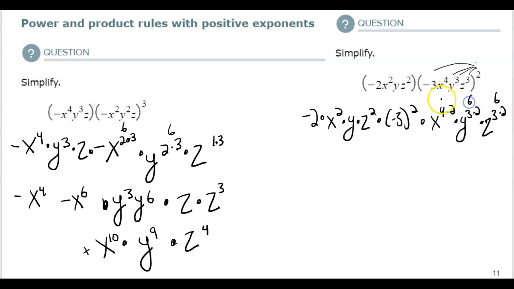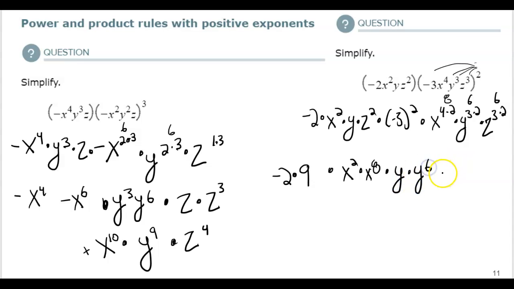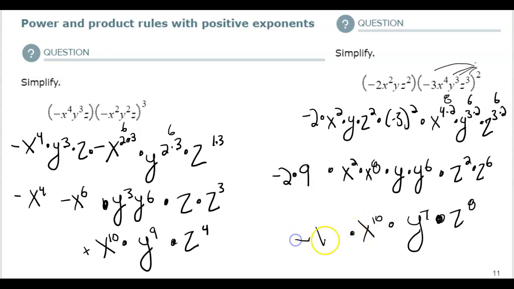I get a 6, 6, and 8, so I'm going to put my constants, negative 2 times 9, my x's, my y's, my z's, and I should end up with z to the 8th, y to the 7th, x to the 10th, negative 18.